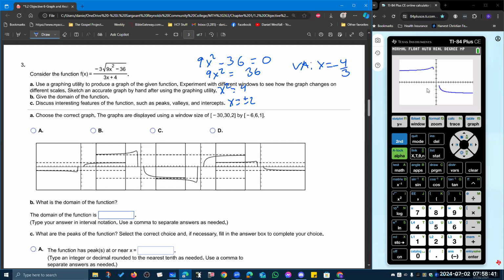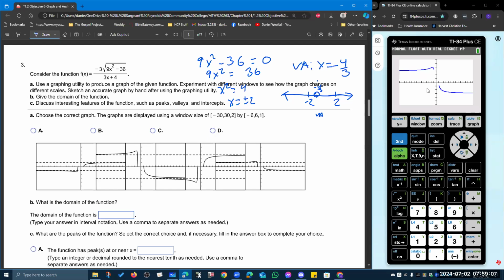Let's check out what our domain is here to be sure that we know that in here we have negative 2 to 2. Negative 4/3 we know is negative 1 1/3, over here. Maybe we have that interval, maybe we don't.